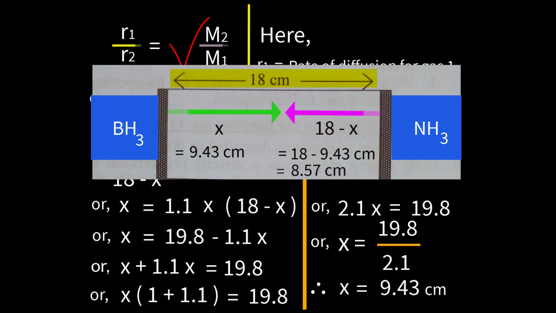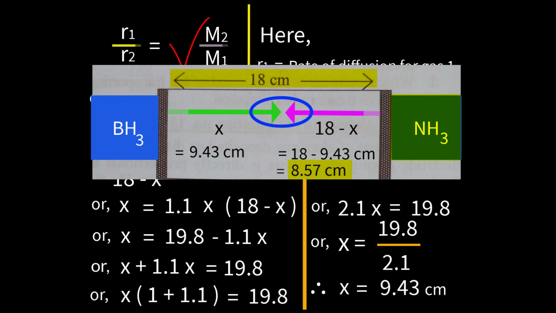So, we can say that to meet together, BH3 will have to diffuse at 9.43 centimeter and NH3 will have to diffuse at 8.57 centimeter. The mathematical problem of number C is done.